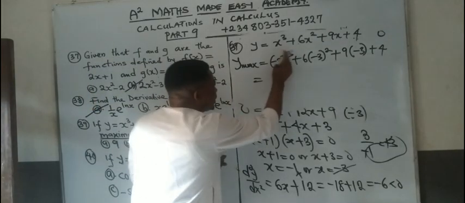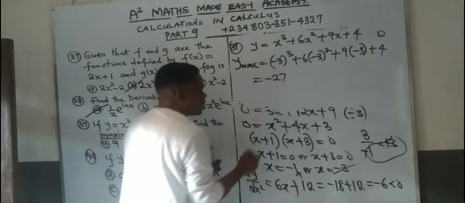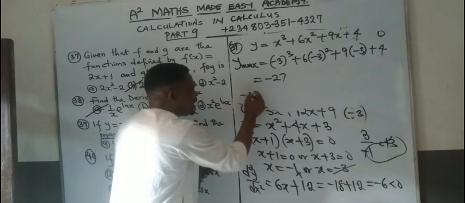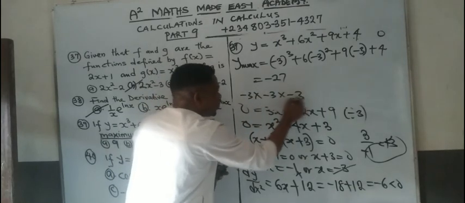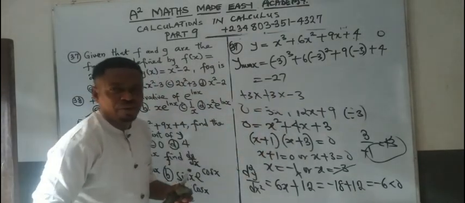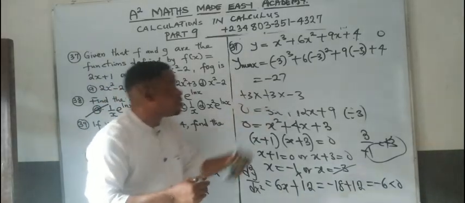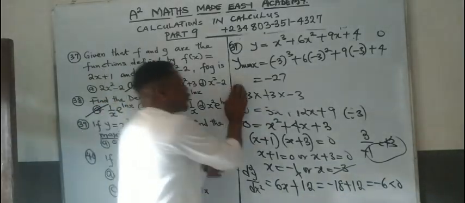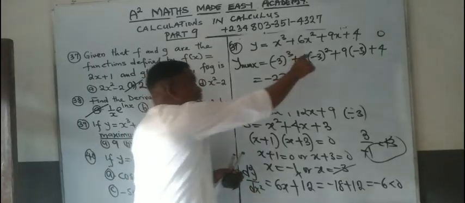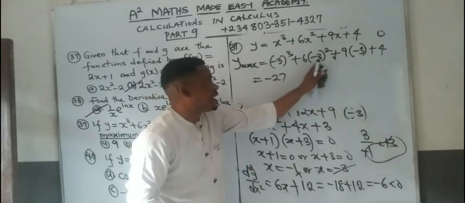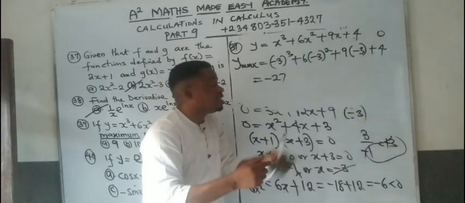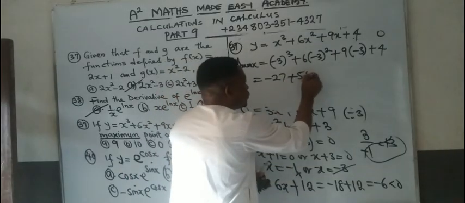Minus 3 cubed will give me minus 27. Do you agree with me? Minus 3 times minus 3 times minus 3: minus times minus cancels, 3 times 3 is 9, and 9 times minus 3 is minus 27. Then minus 3 raised to power 2 is 9, the minus disappears, and 9 times 6 gives 54, plus 54.